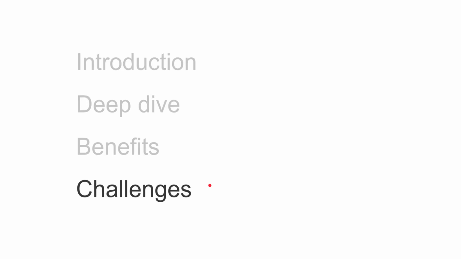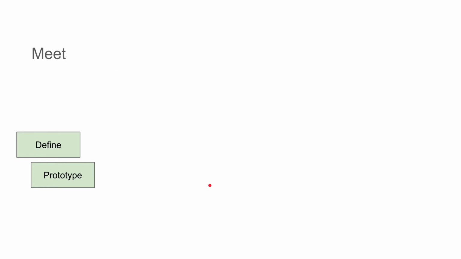So let me just finish by showing some challenges that you might encounter. This is a part in which I will try to explain what is needed to achieve success in applying combinatorial optimization in industry. So first of all, the first challenge is to meet the client.